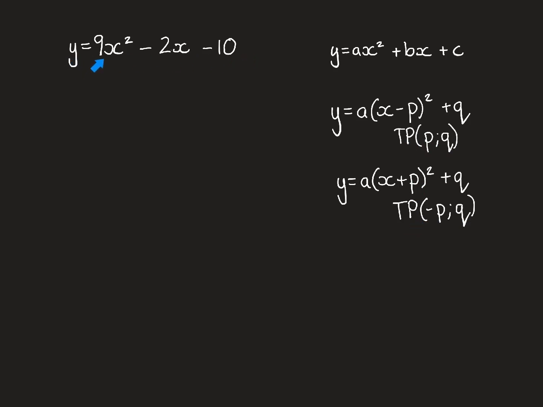We've got y is equal to 9x squared minus 2x minus 10. The whole point of completing the square is that I'm wanting to get to a point where I've got x plus or minus something squared. Let's make it plus and see what happens. There may be something happening over here, and there may be something happening over there, and at this point, I don't really care about it.